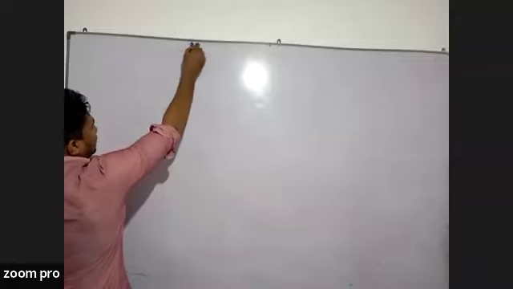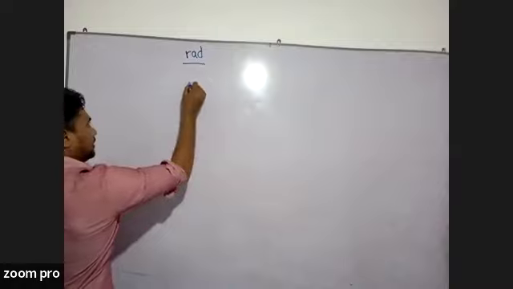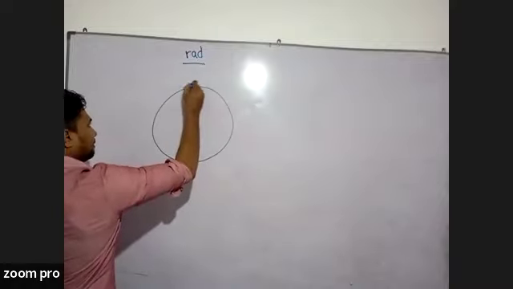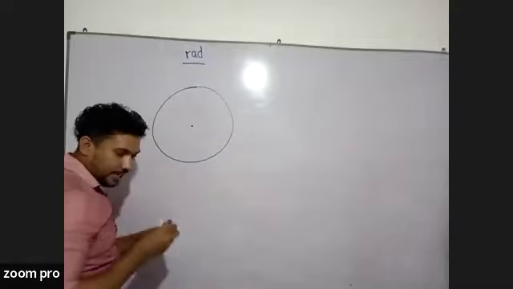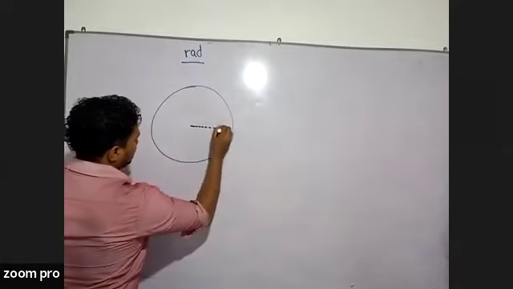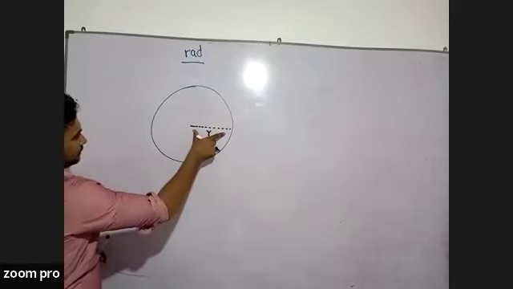Okay, guys, listen to this very carefully. Let's take a circle, and let's assume this is the center and the radius of this circle is r. So this is the radius of this circle.